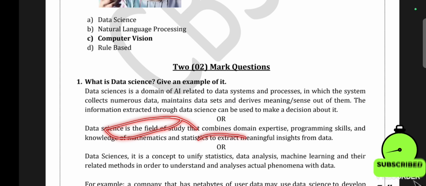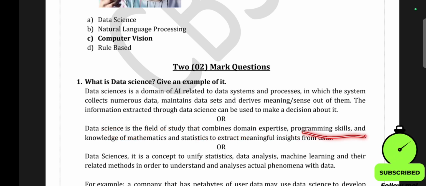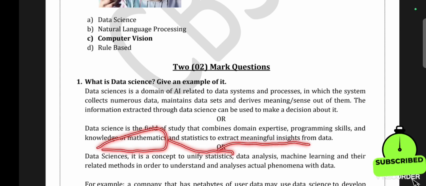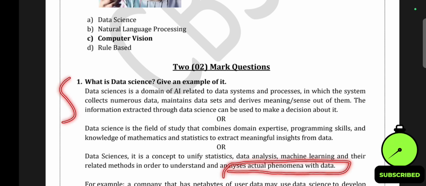Or you can write, data science is the field of study that combines domain expertise, programming skills, and knowledge of mathematics and statistics to extract meaningful insight from the data.